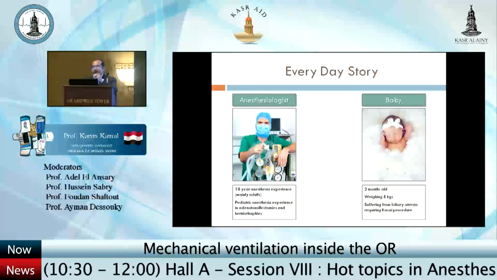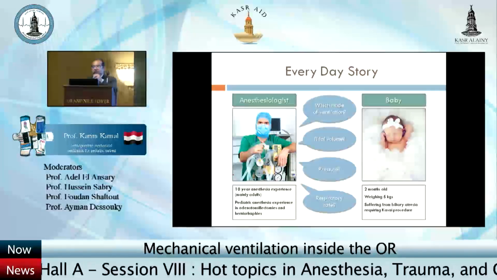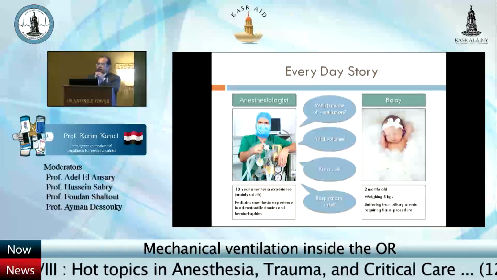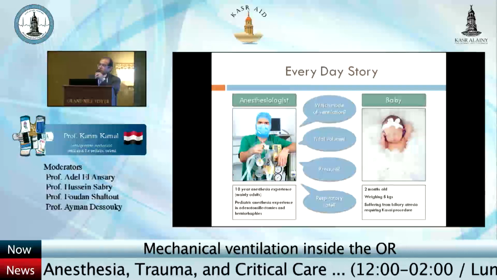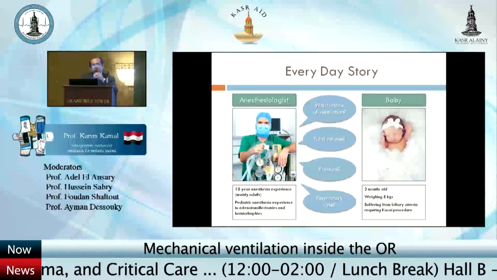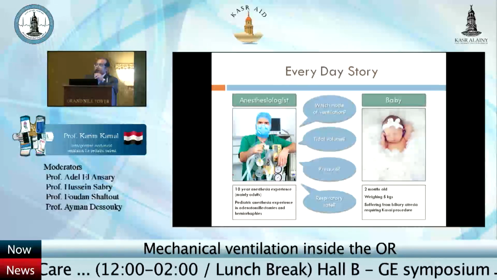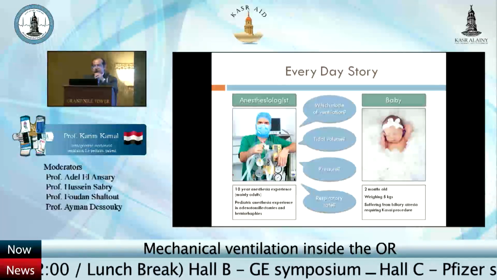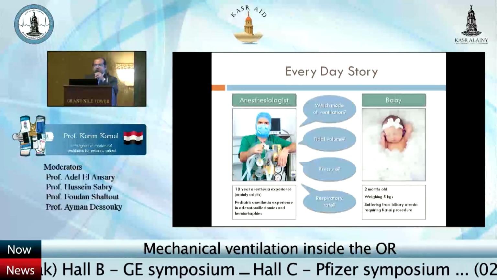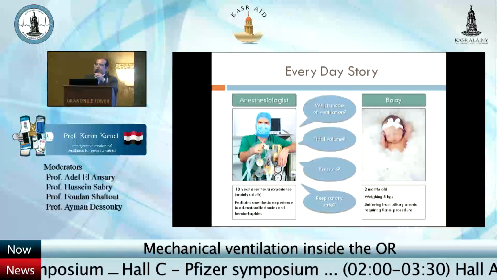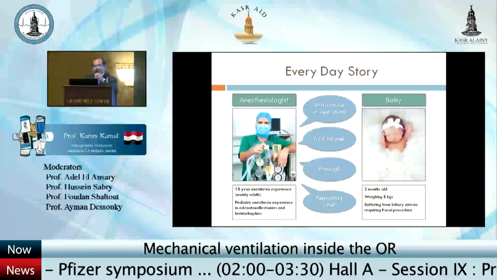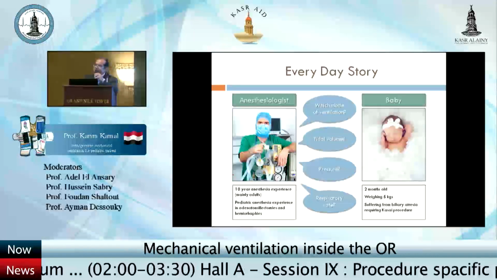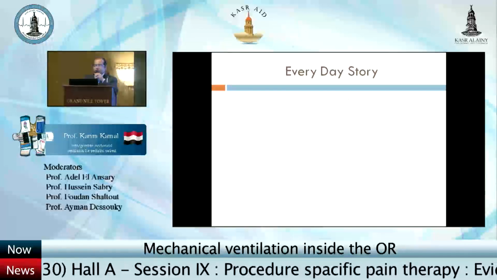And suddenly he has so many questions in his mind. Which mode of ventilation should I use? How much tidal volume should I give? What's the pressure limit that I should adjust? What about the respiratory rate? Millions and millions of questions on how to deal with this child. And after a long period of time thinking and planning, he reaches what he believes is the ideal plan on what to do.